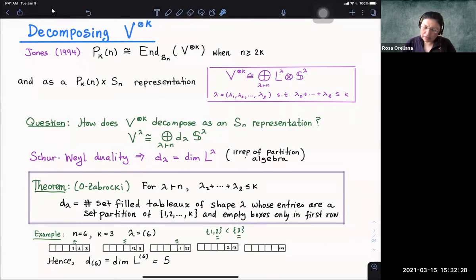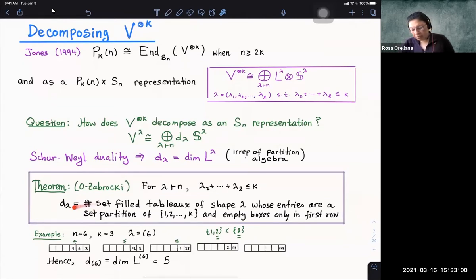And until I want to say until Mike and I started to work on this, people kept referring to this as the number of paths in some diagrams called Bratteli diagrams, right? And part of the work that we were doing with Mike, as a consequence, we obtained that actually you can give a description in terms of tableaux, which is kind of starting to bring understanding of how all these things are working, right?